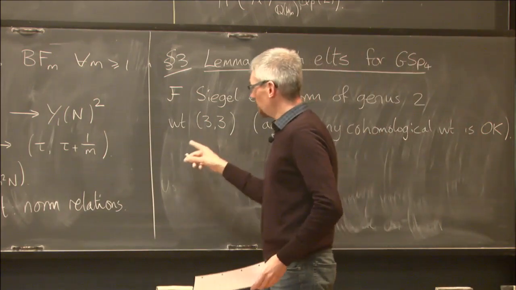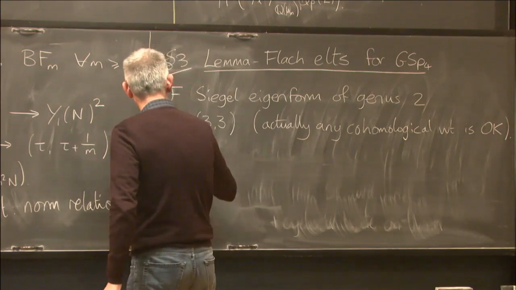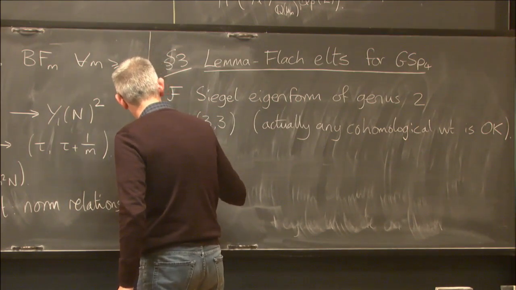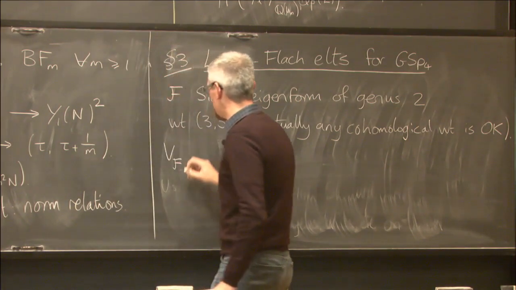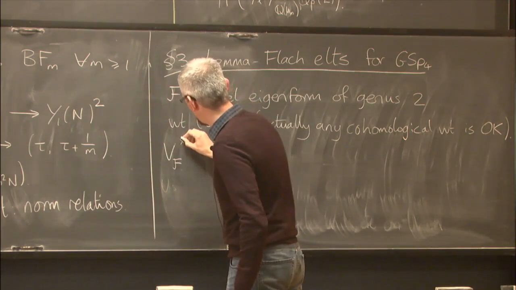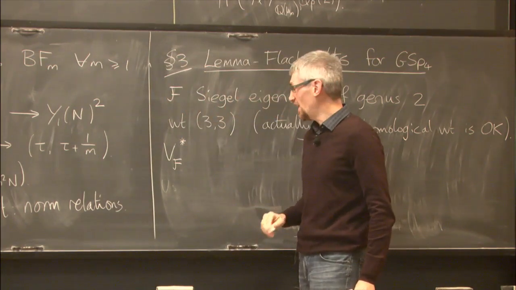So I've chosen my Siegel eigenform. So attached to it, there's a Galois representation. If V_f is the usual cohomological thing, I actually want to take V_f star.